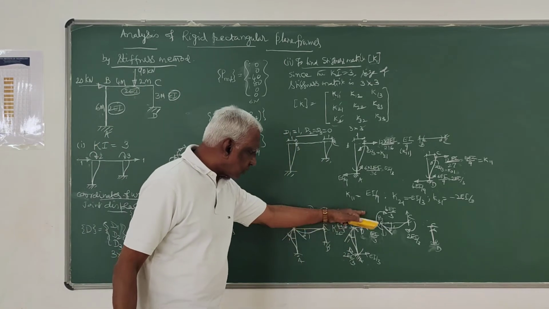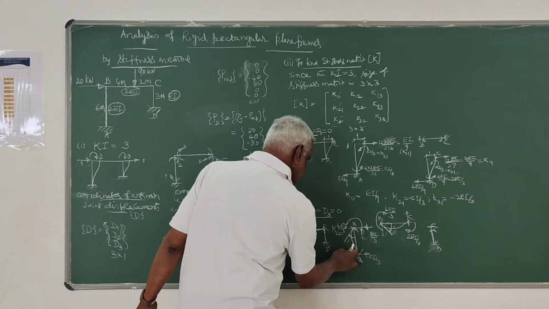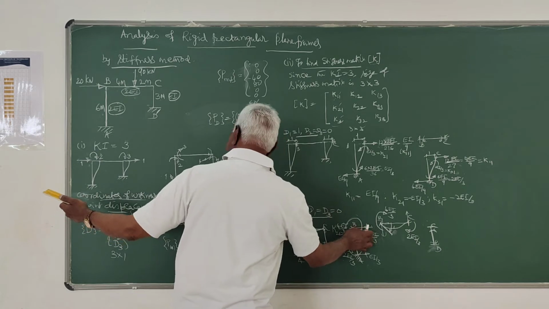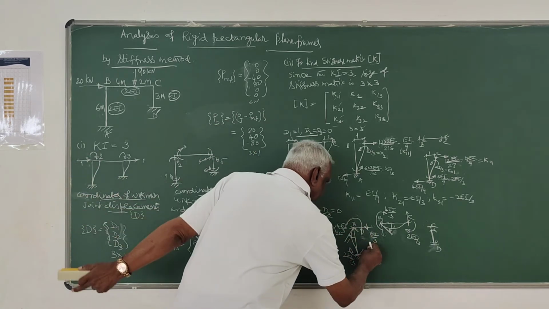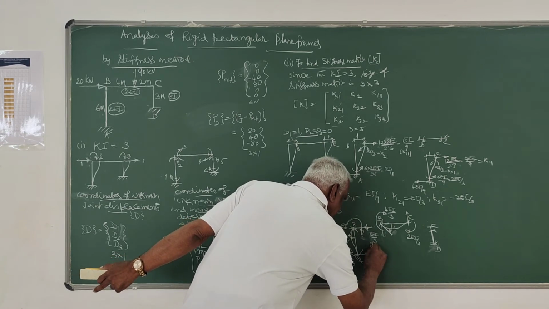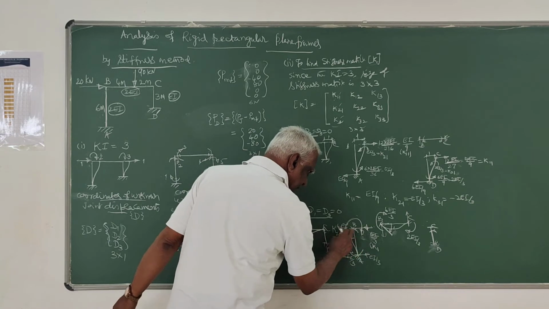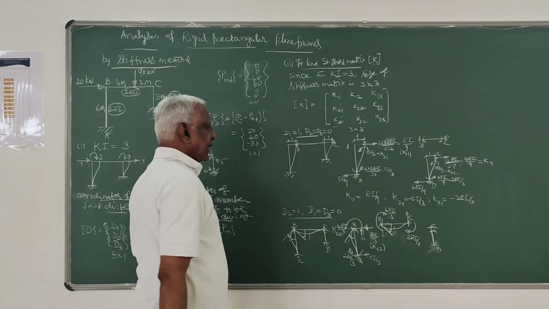Force developed along 2, unit displacement along 2. And this, it is not coming to picture, this is the force developed in the direction of 1. This is nothing but force developed in the direction of 1 when unit displacement is given in the direction of 2. So it is K12.